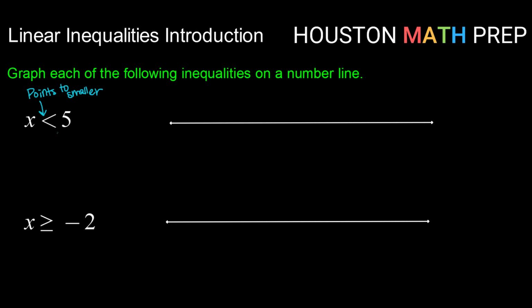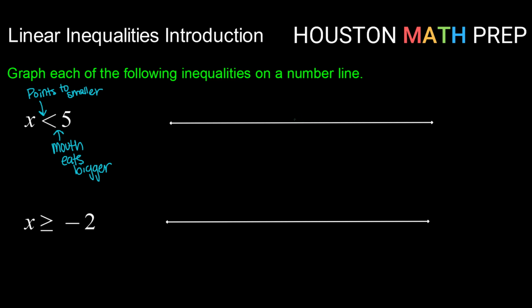The other way that you can remember it is if you think of this symbol as kind of like a mouth, whether that's an alligator mouth or any kind of mouth, the mouth eats the bigger one. So however you want to think about that to help you remember which one is less than and which one is greater than. Okay, so this one reads x is less than 5.